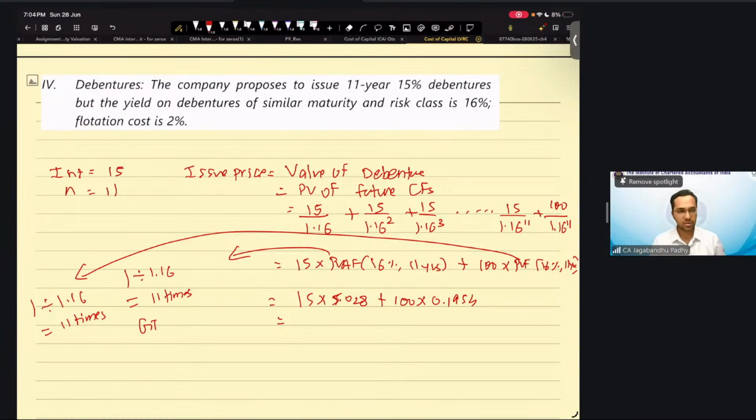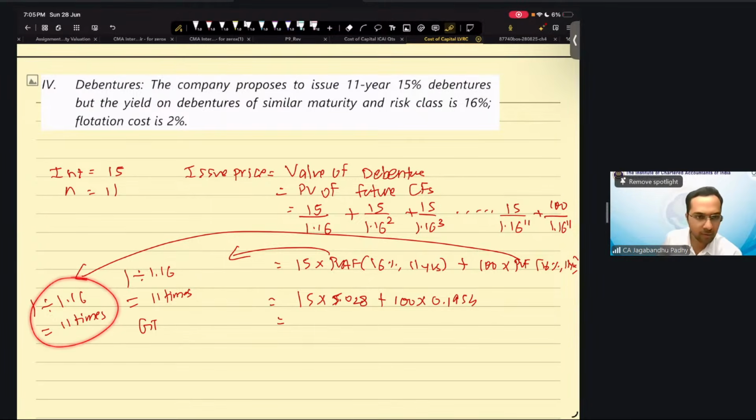So tell me what's the value of, what's the issue price number? How 0.1954?